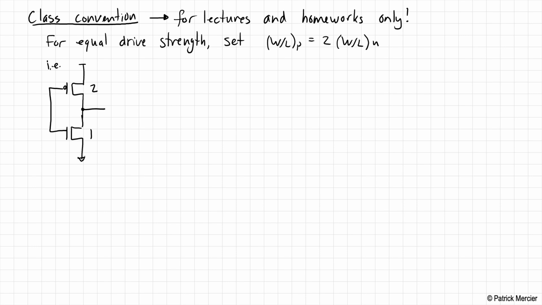And by equal drive strength, just to elaborate on what this means, this is to have a symmetric voltage transfer curve around VDD by 2, or in other words, TPR is equal to TPF. The rise time is equal to the fall time. Now, let's imagine we're doing this in our 45 nanometer technology.